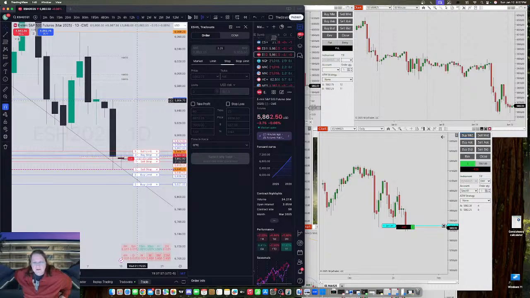There's only 5 firms that I really trust, and that's Apex, Topstep, My Funded Futures, and Take Profit Trader. I've never traded with Take Profit Trader.